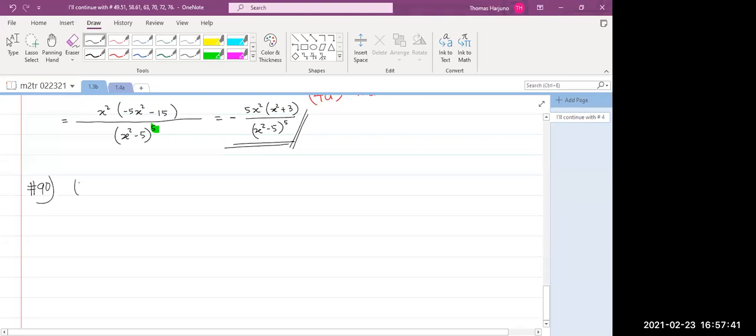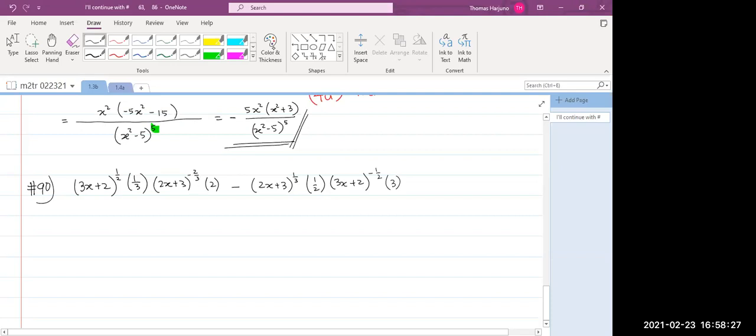Number 90. 3x plus 2 to the power of 1/2, times 1/3, times 2x plus 3 to the power of negative 2/3, times 2, minus 2x plus 3 to the power of 1/3, times 1/2, times 3x plus 2 to the power of negative 1/2, times 3. That's nasty to the max.